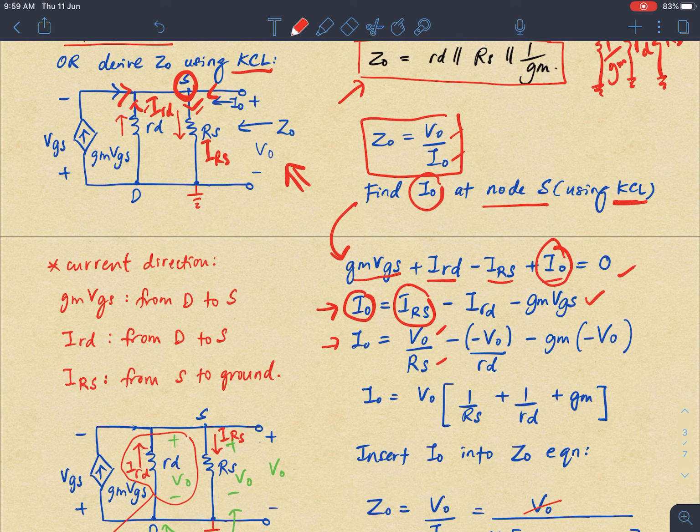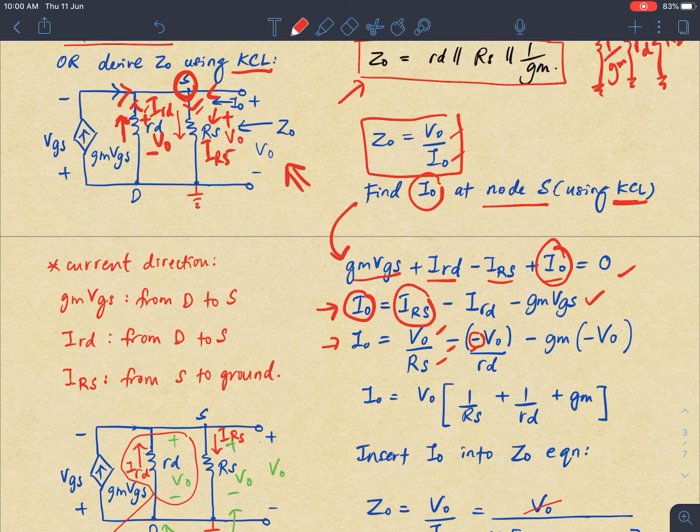The voltage drop across the RS is the same as the V out here. Same goes for the V_RD, V out, but I put negative here because the polarity of the current is different. Positive, negative here. The current comes from negative to positive, so that's why I use negative.